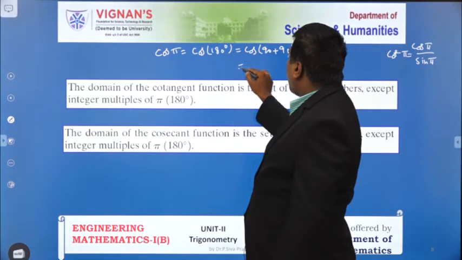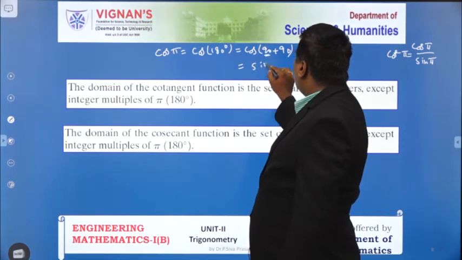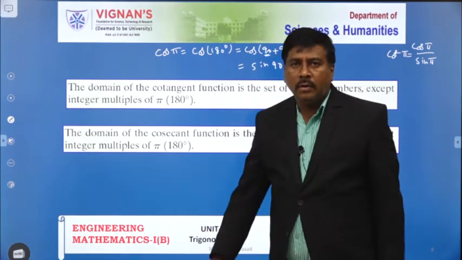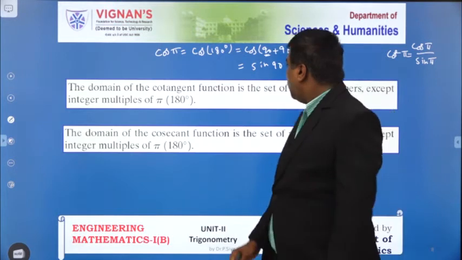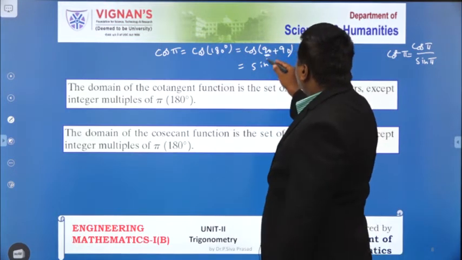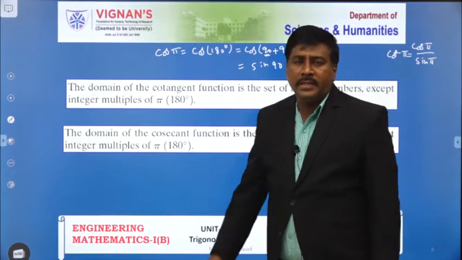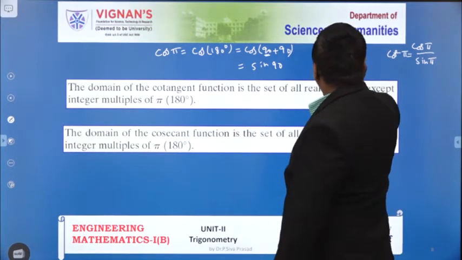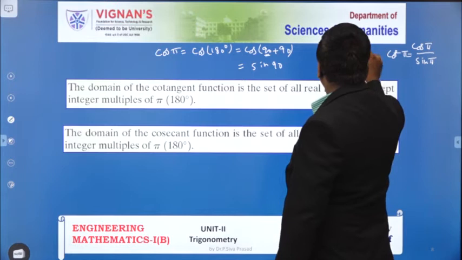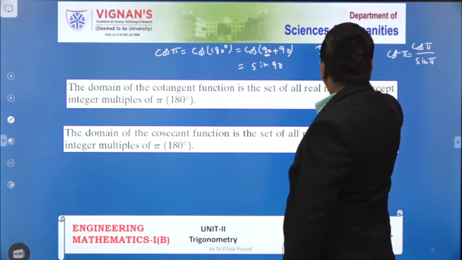So at 90 degrees, cos will be changed to sin. Now this 90 plus theta is the second quadrant. That you already had to learn: all silver teacups.